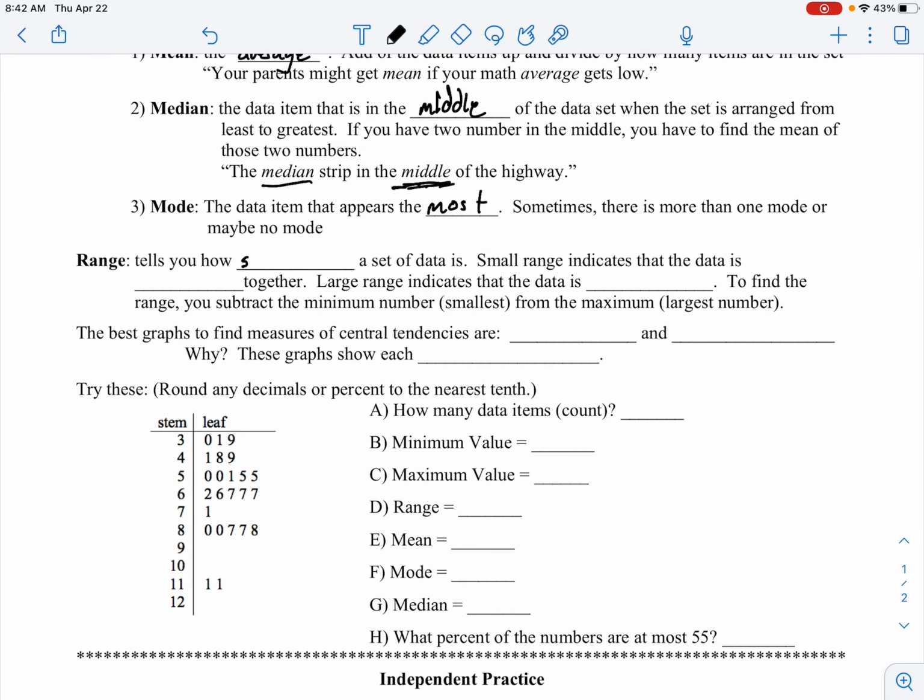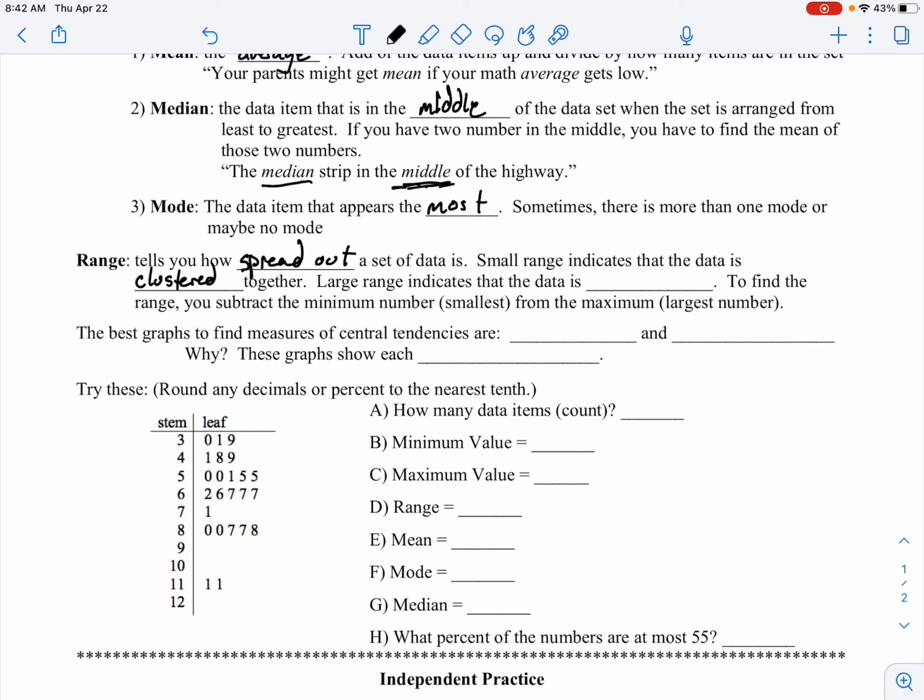So the range tells us how spread out our data is. A small range tells us that the data is clumped or clustered together.